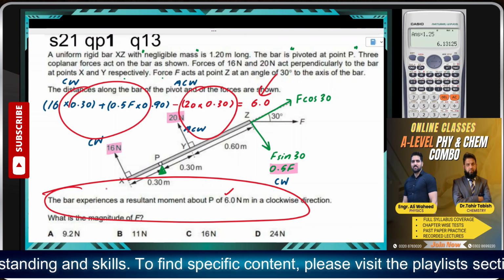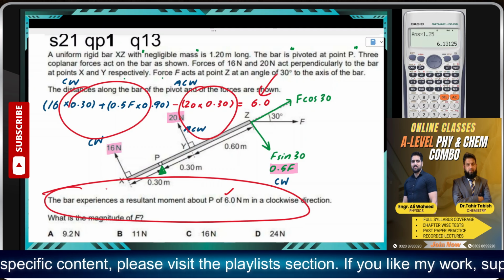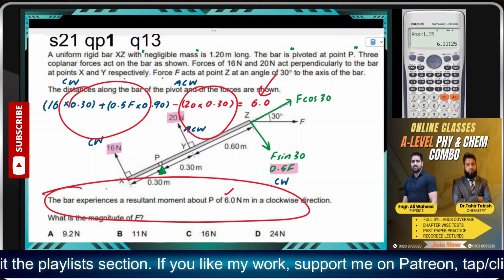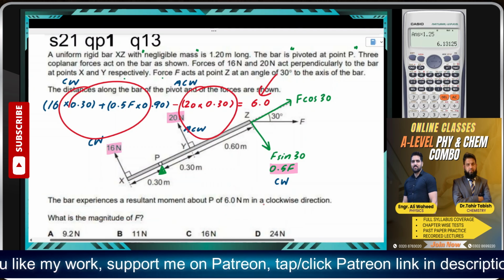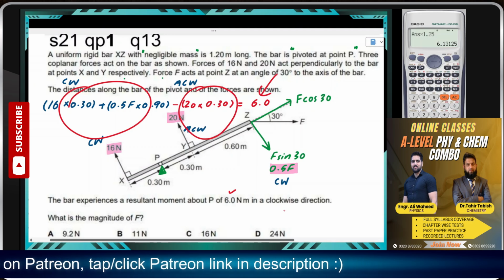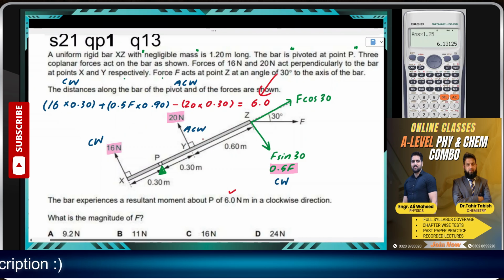How do we know we write clockwise first and then subtract anti-clockwise from clockwise, not the other way around? Because the resultant moment is in the clockwise direction, which means the clockwise should have been greater. So let's do the mathematics here.